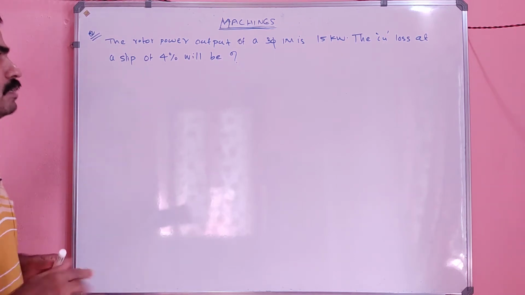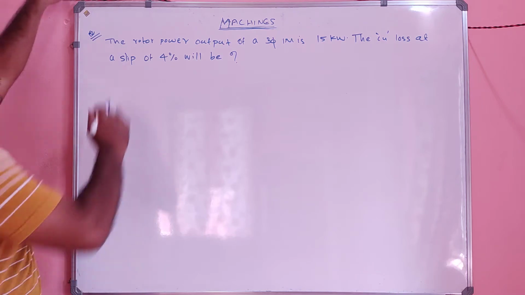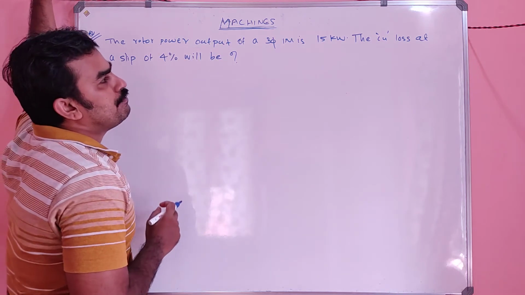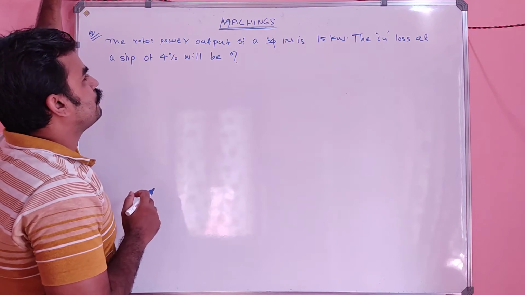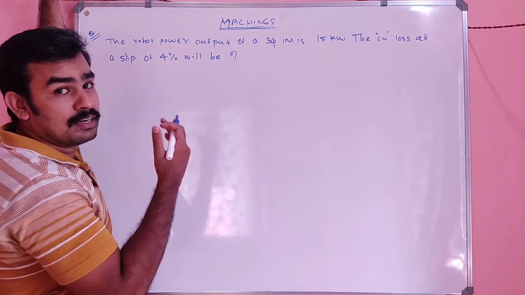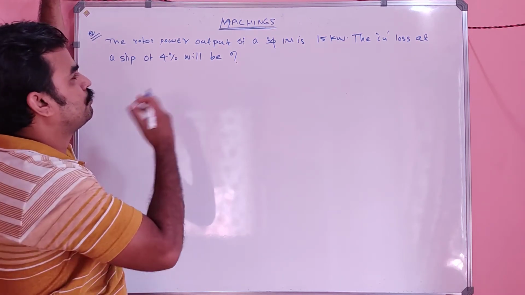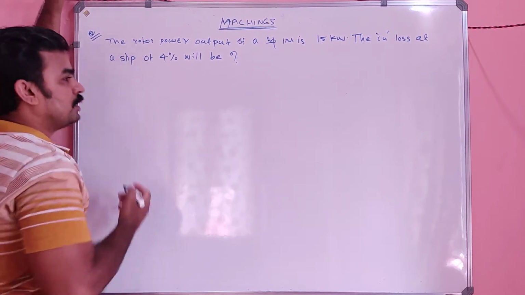Listen, my dears. So the rotor power output of a three-phase induction motor is 15 kilowatt. The copper loss at a slip of 4% will be what? That is our question.